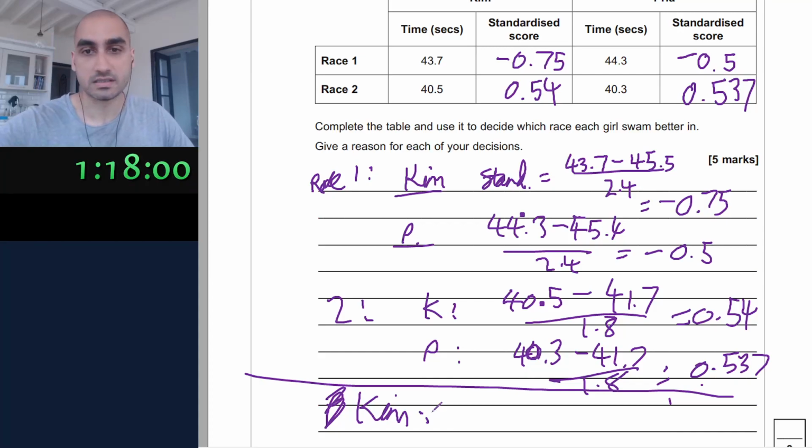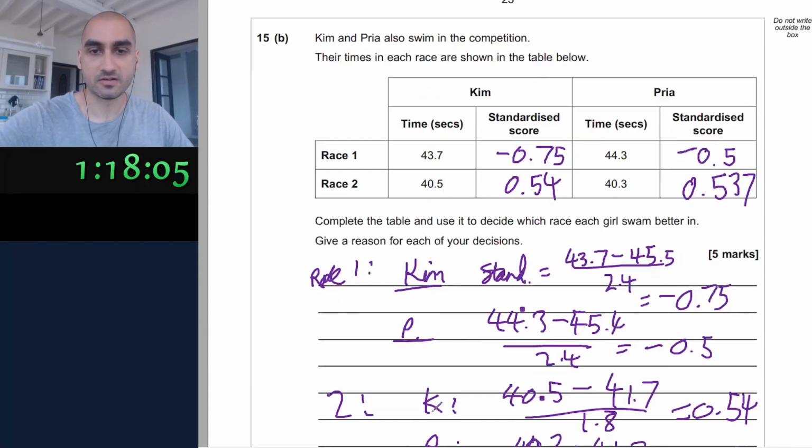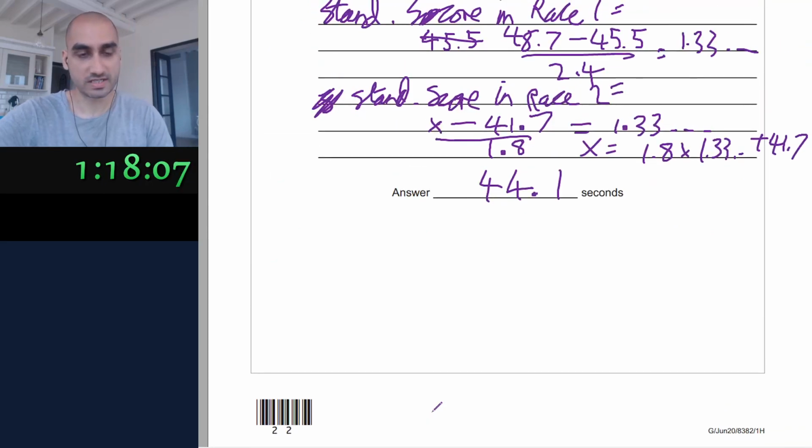So they both exceeded... Hang on. Am I ignoring the negative numbers here? Oh crap. That number doesn't even make sense. Hang on. 40.3 minus 40... okay, I have to redo these numbers.